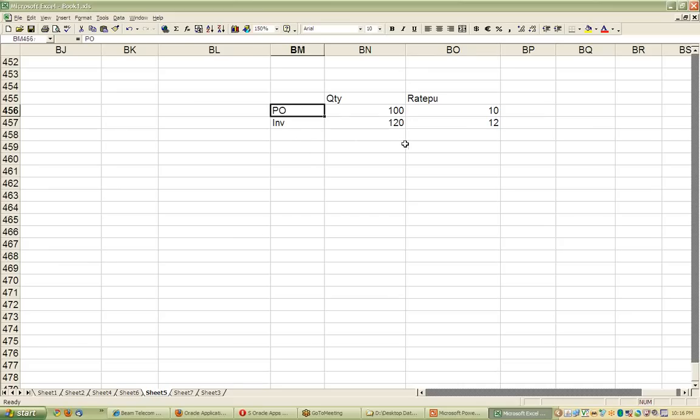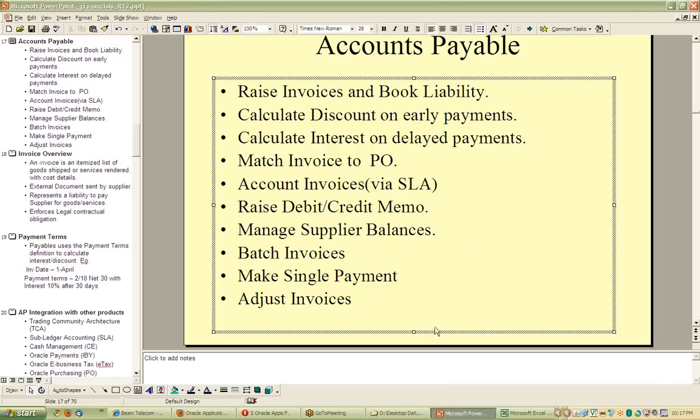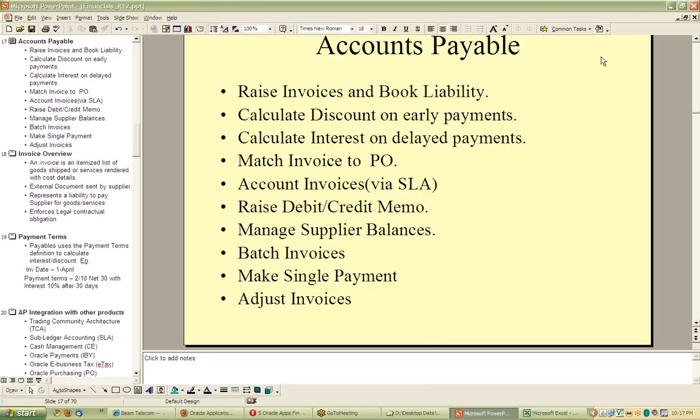So we have a concept of matching, where you try to match the PO quantity and the invoice quantity, and the PO price and invoice price. Whenever there are variances, meaning differences from whatever has been set as standard, certain error messages crop up, by which a user is made aware that he is supposed to go back and verify the information in detail.